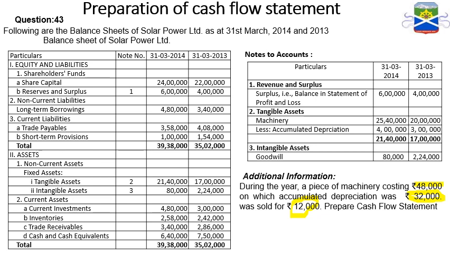So after adding we compare with the cost price 48,000, and we'll have 4,000 as a loss on sale of machinery, which shows on the credit side of the machinery account, and also comes under operating activities. Now based on that we'll be solving.